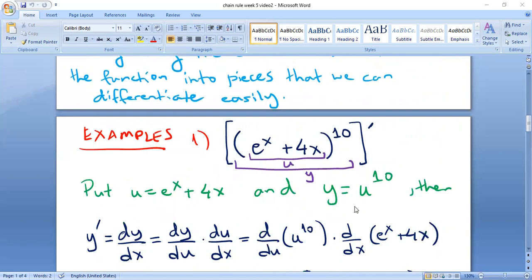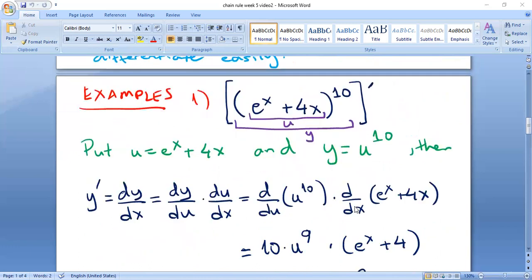So here are some examples. (e to the x plus 4x) to the power 10. Here we call u equal to e to the x plus 4x, and then we call the whole thing y. We call the whole function usually y, and the first function that happens to the input x, like e to the x plus 4x, is the first thing that happens to x.